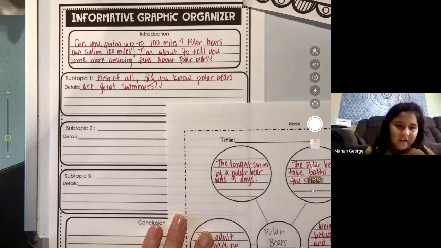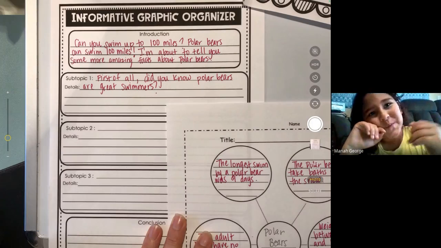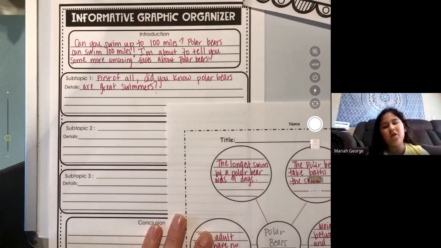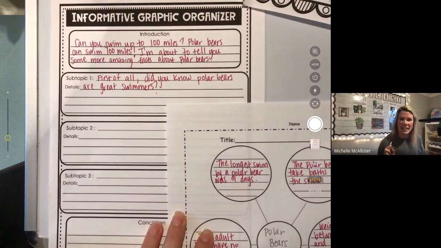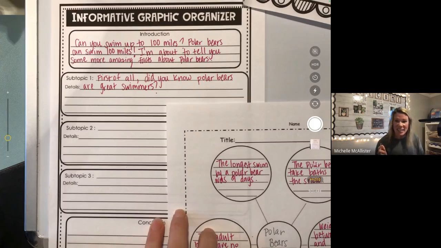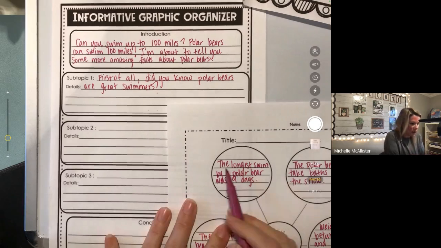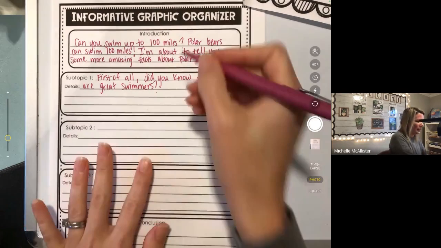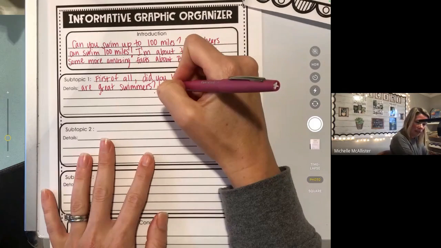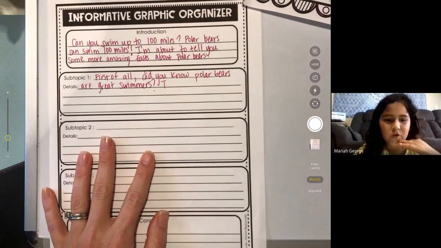Maybe the longest a polar bear has ever swum was up to 9 days. Is that cool? Isn't that cool? I love that. So you changed the sentence a little bit more. So you weren't copying exactly what this says, right? So say that to me one more time. The longest a polar bear has ever swum.